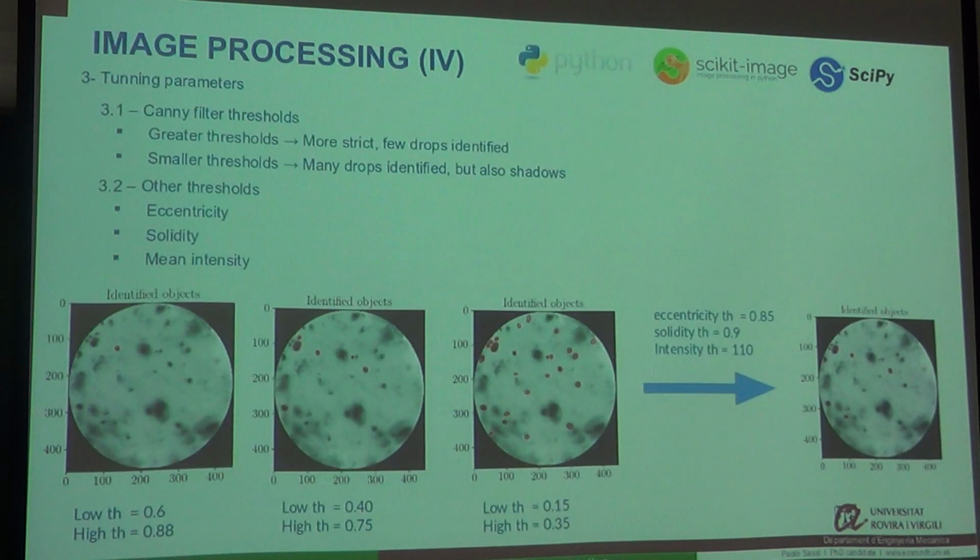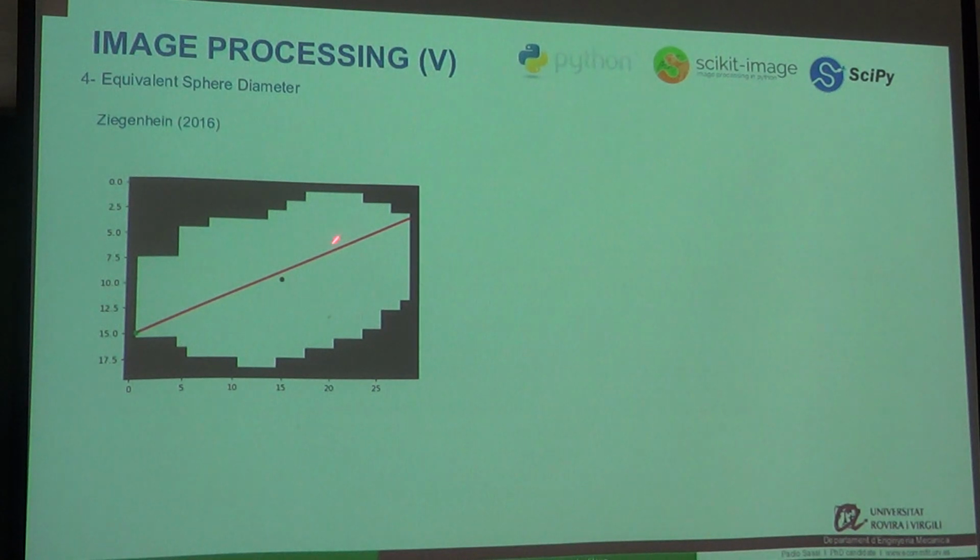Okay, so once we apply all these, we get these identified drops, and we now want to measure their size to characterize the size distribution. For this, we apply the equivalent sphere diameter from Siegenheim, where the first thing to do is to identify the long axis of the drop.